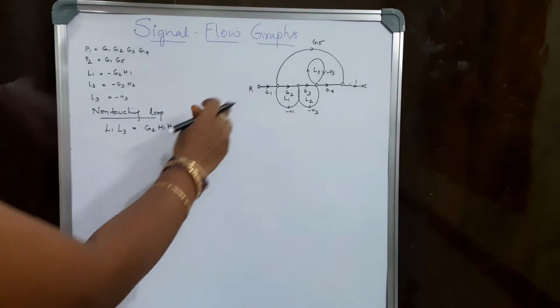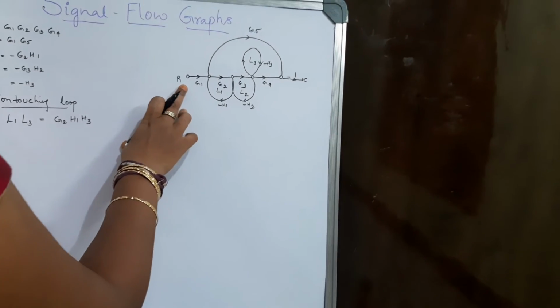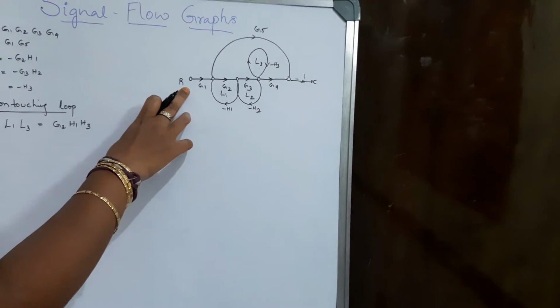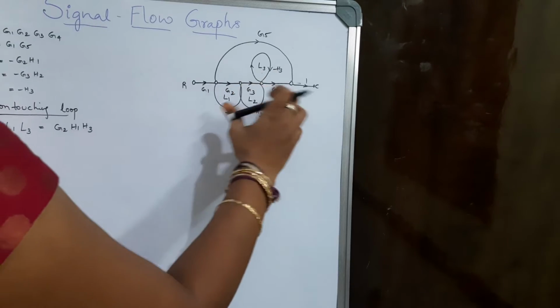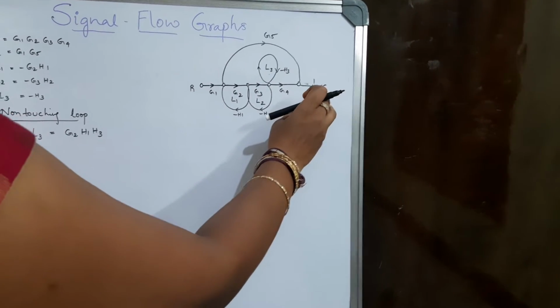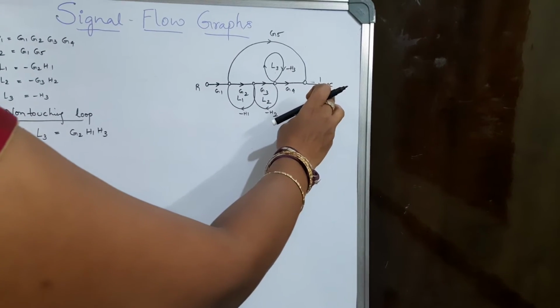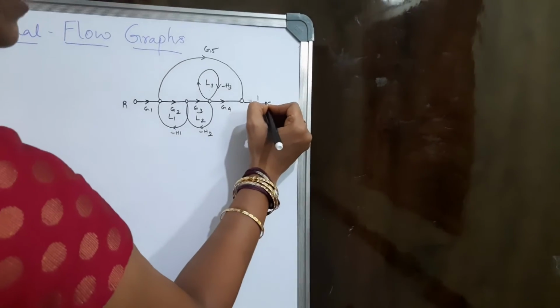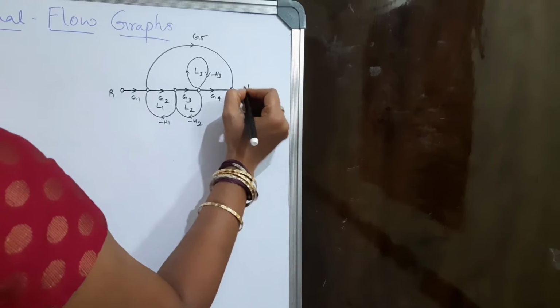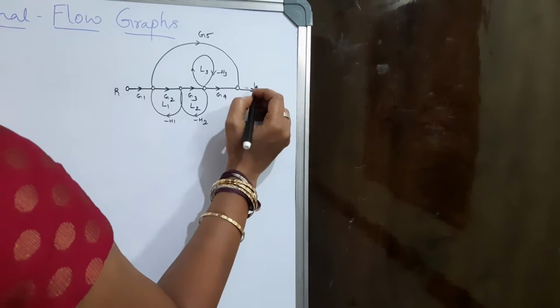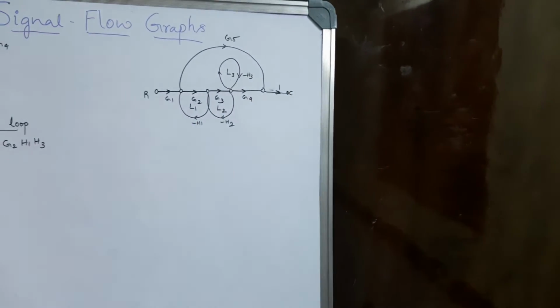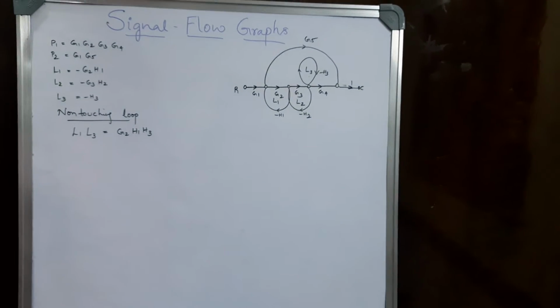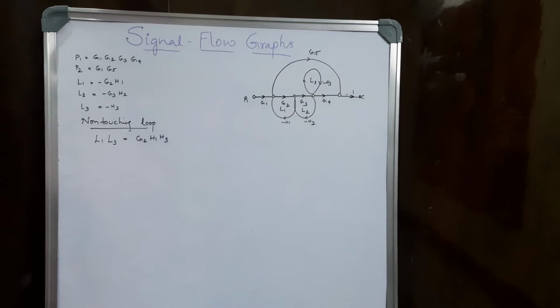Input node. Now I just define what is an input node. So an input node is a node having only outgoing branches, whereas an output node is a node having only incoming. So to this particular output node, you can see here all the other signals are entering into this. So I can define this output node to be a node having only incoming branches.